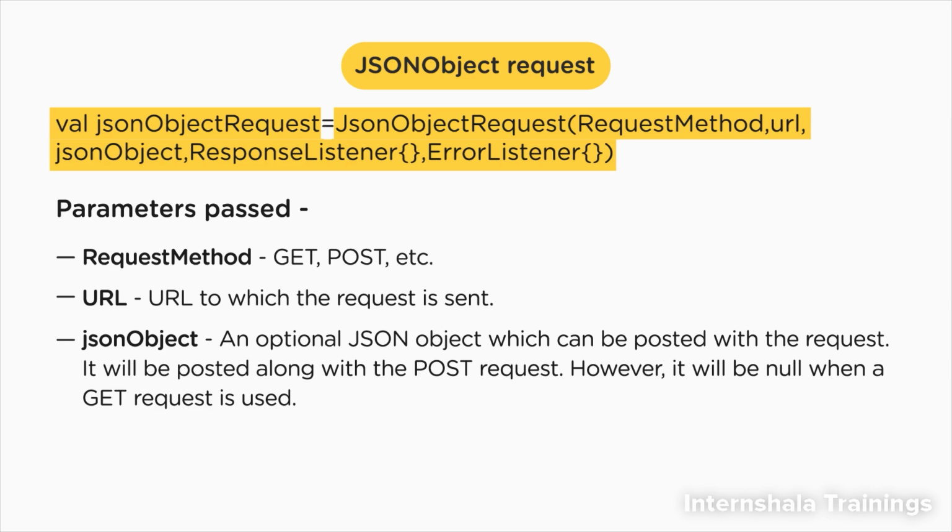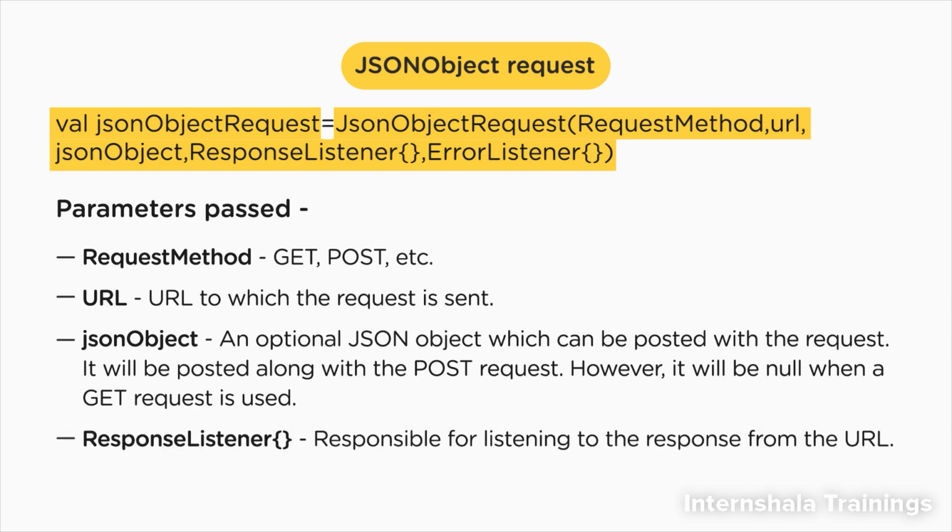Hence, we need this JSON object when we send a POST request so that we can send the data in it. However, since we don't need to send any data in a GET request, this object will be empty there. Then we have the response listener, which is responsible for listening to the response sent by the server.